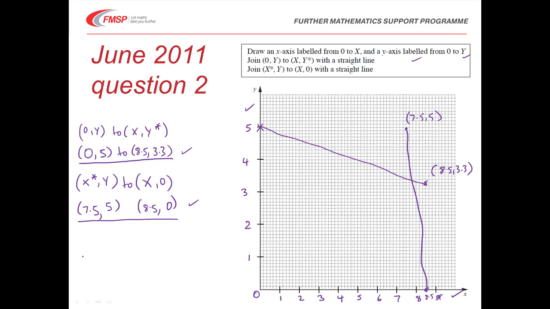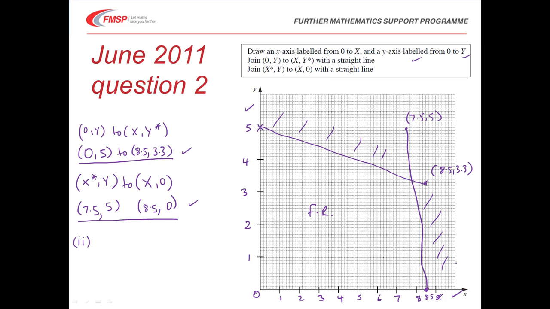And now we have one last part, which is the question about why you might use this algorithm if you were doing linear programming. Well, I guess they're trying to hint that perhaps this is the feasible region that you might get if these lines were our constraints.